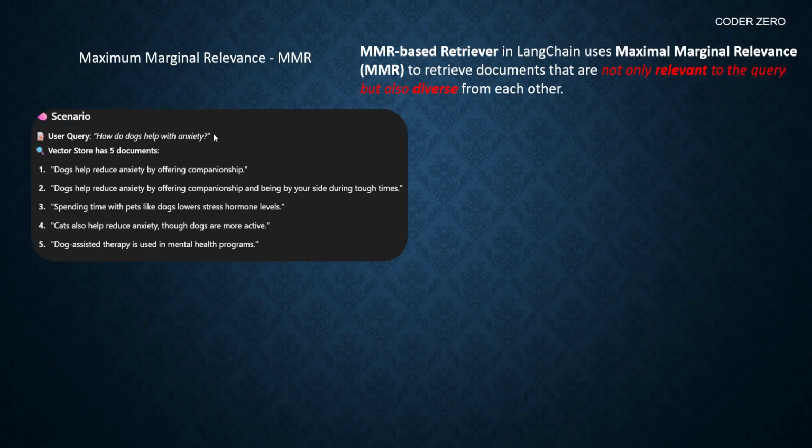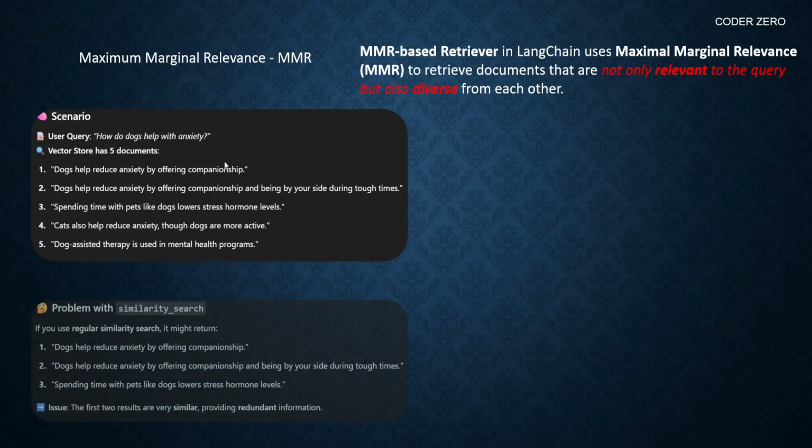Now we have this query: how do dogs help with anxiety? If we use this without MMR, we might get something like this. Dogs help reduce anxiety by offering companionship. Dogs help reduce anxiety by offering companionship and being by your side during tough times.